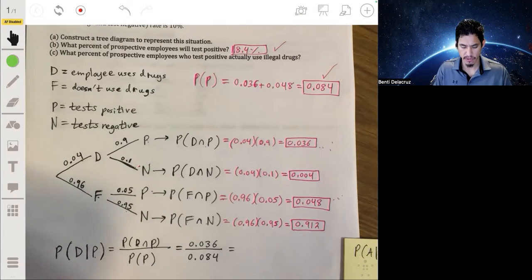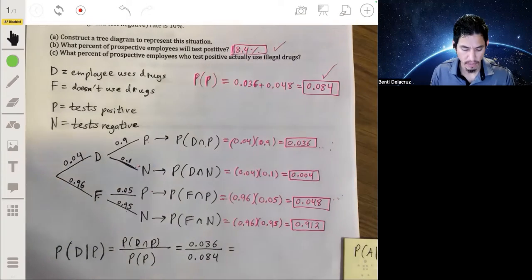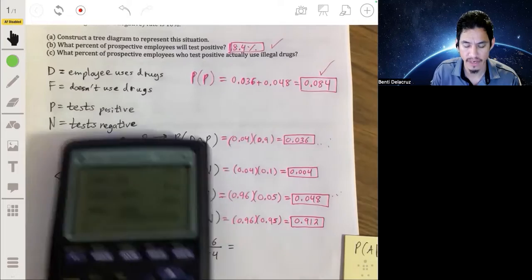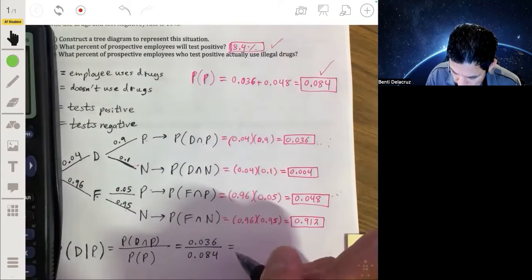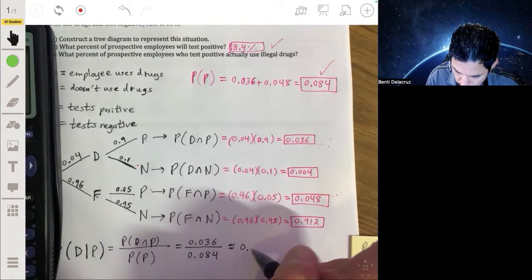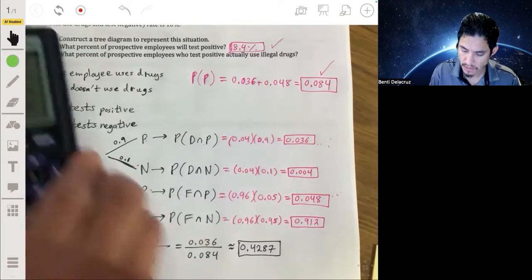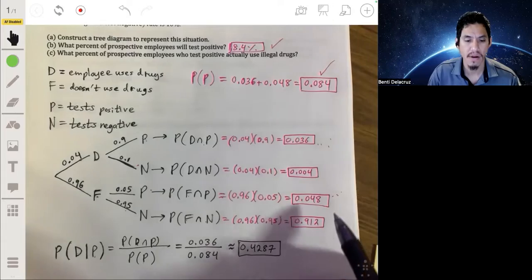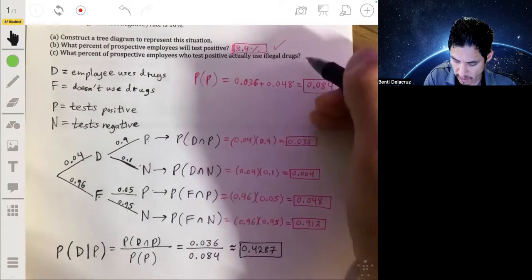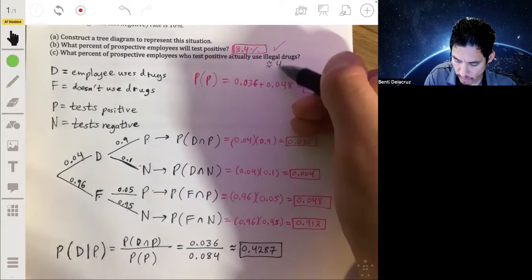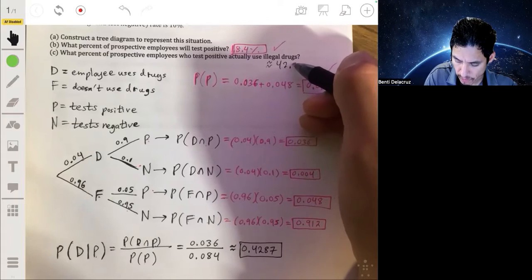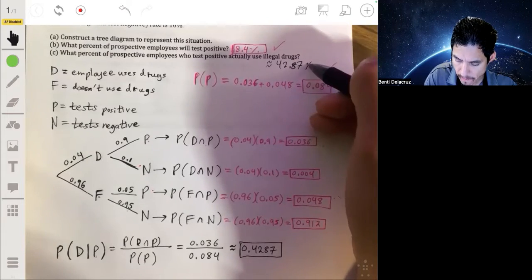And we should get 0.42857, so we could say about 42.87%.